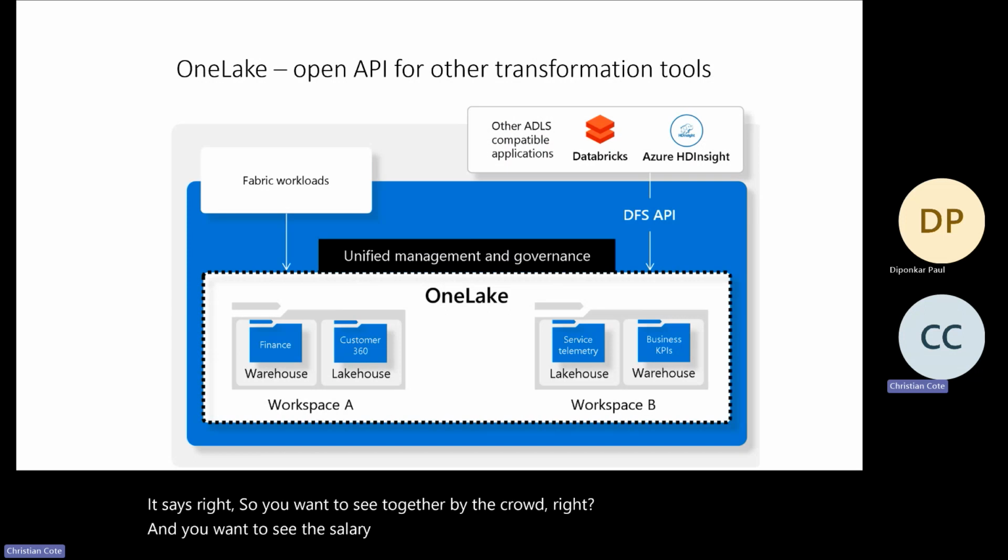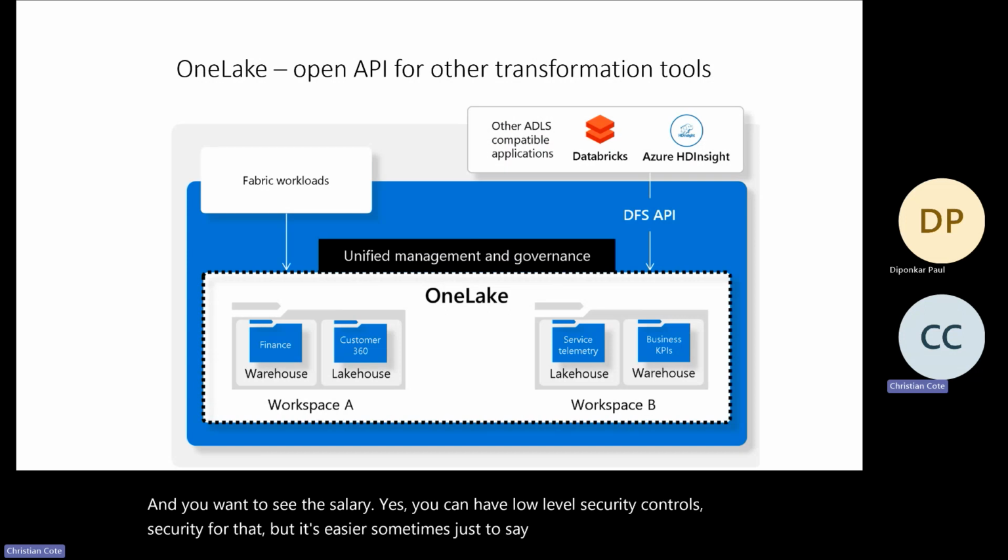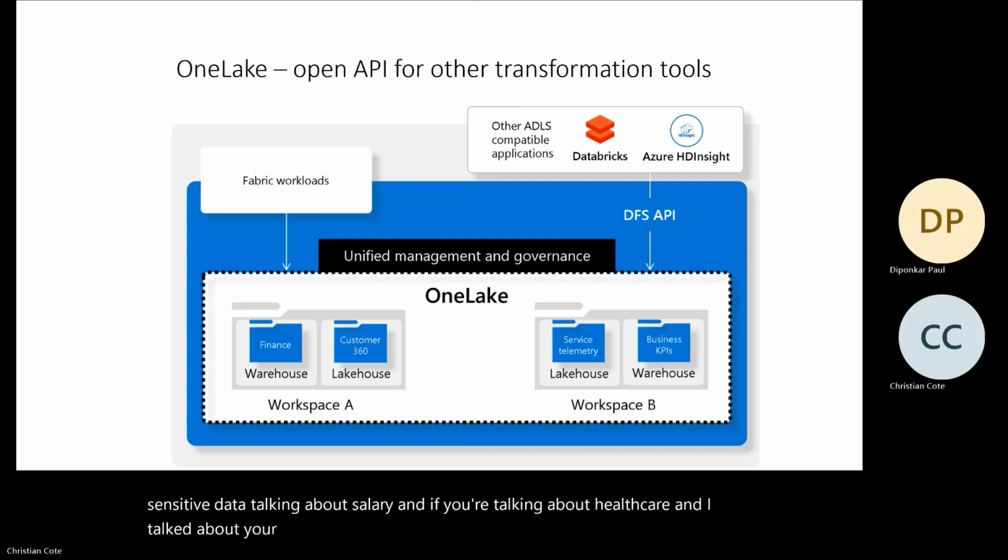Yes, you can have row level security and column level security for that, but sometimes it's easier to put the sensitive data, like salary, or if you're talking about healthcare, your PII, personal information, into different places. It's a matter of design.